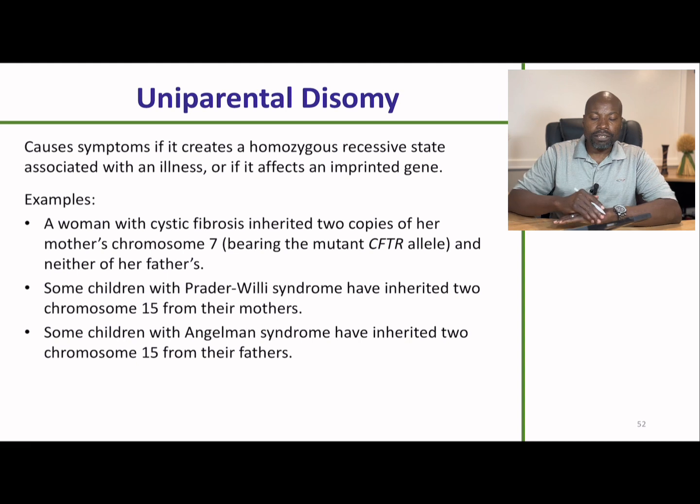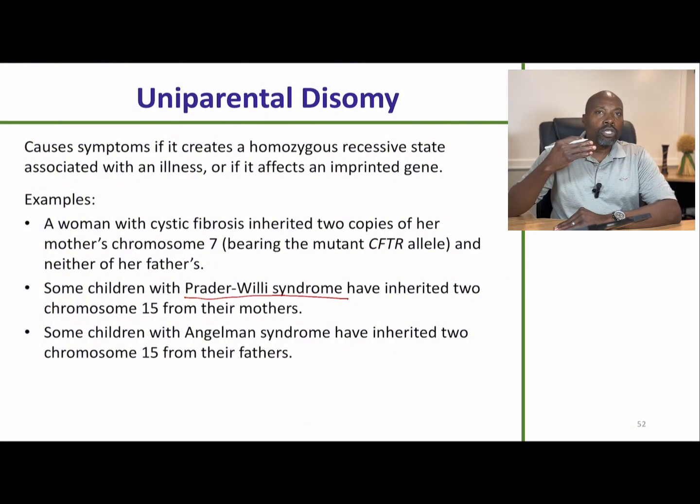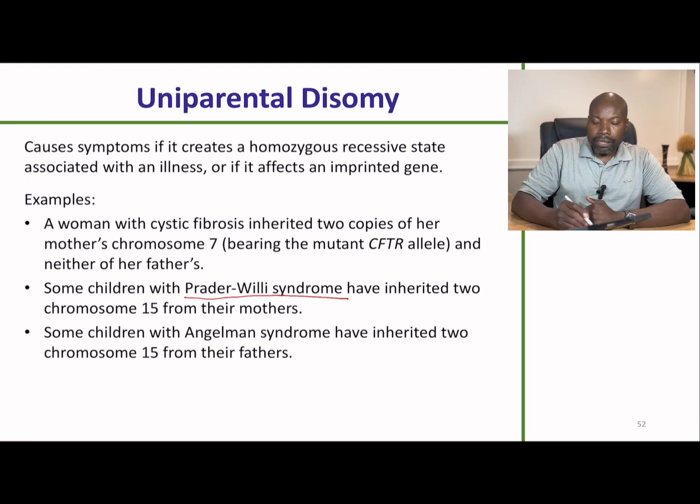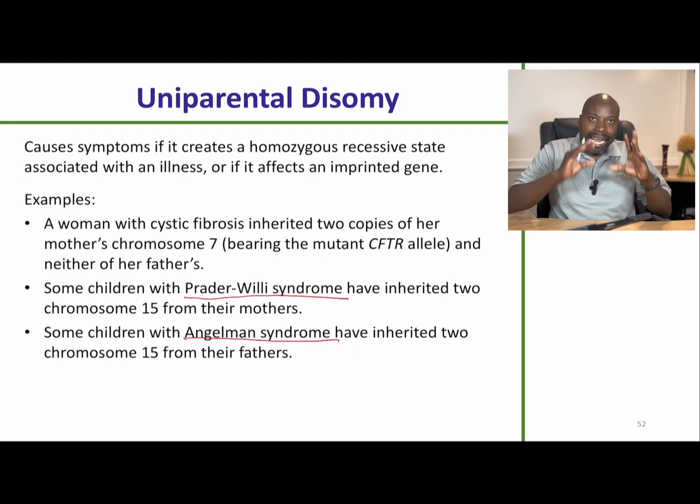Another example of that kind of situation is the Prader-Willi syndrome that typically happens when there is a double dose effect that comes from mom, right? And Angelman syndrome, it's actually the same chromosome, right?